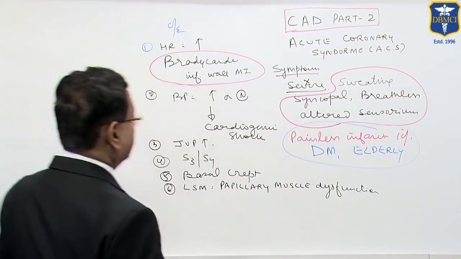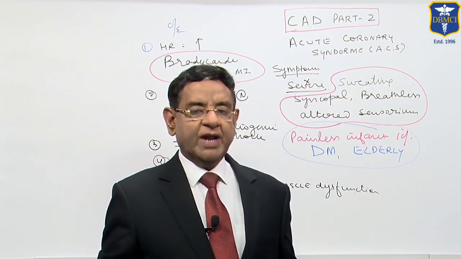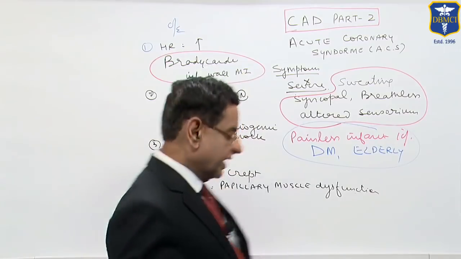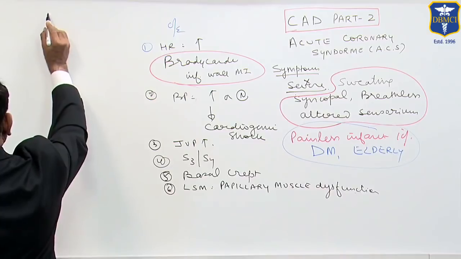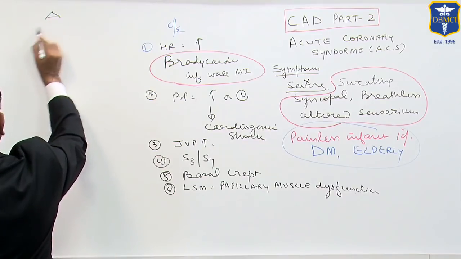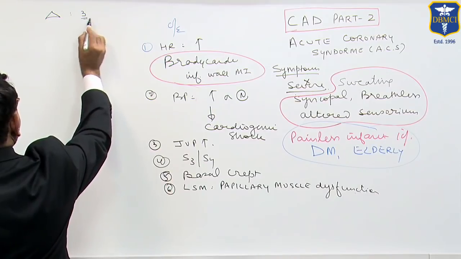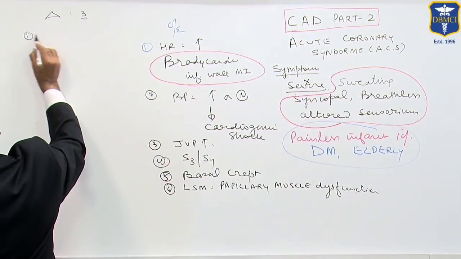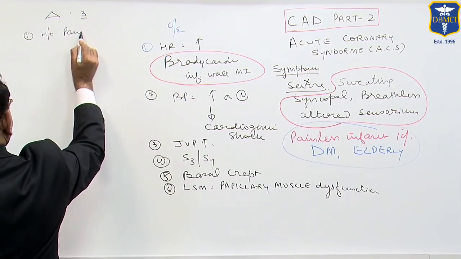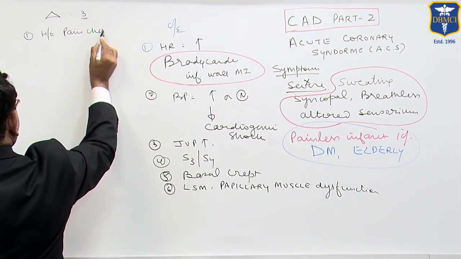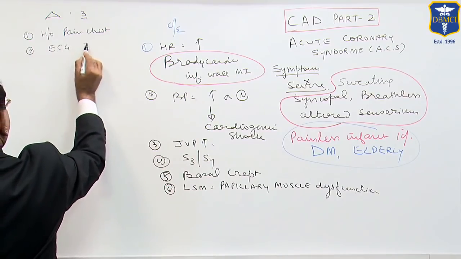Now, how to proceed, how to investigate. If we have to diagnose a case of MI, there are three parameters, three things to see: history of pain in the chest, ECG finding, or cardiac enzyme.